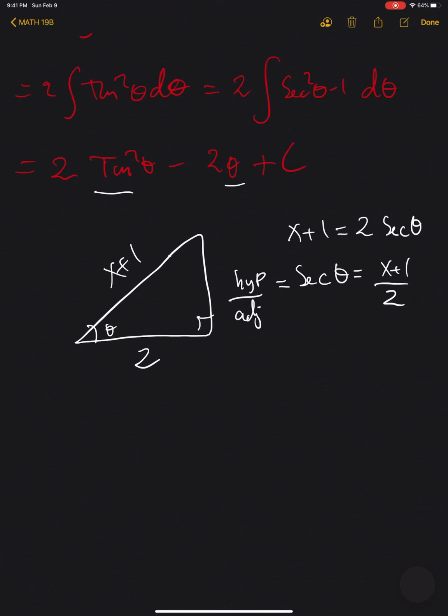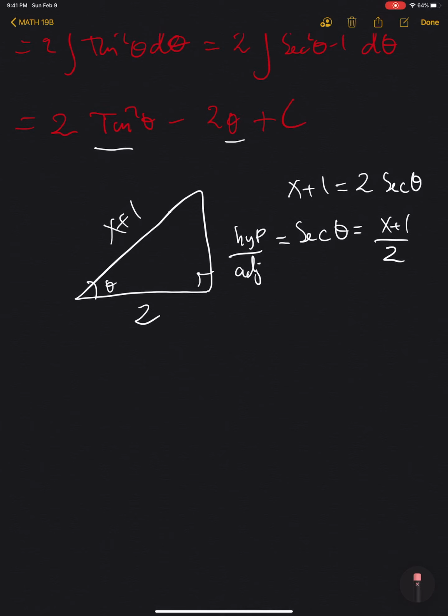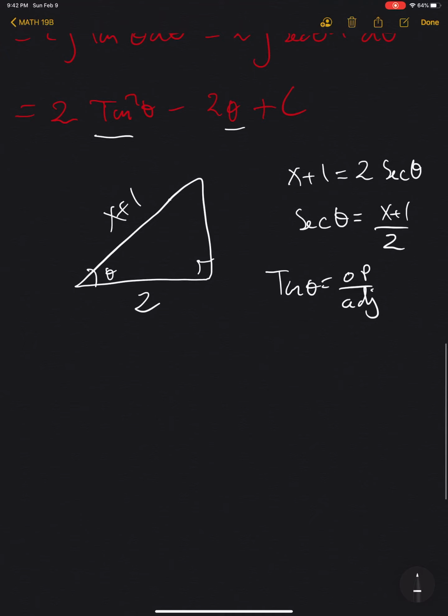So first of all, in order to find tangent, we just remember that tangent can be written in a similar way. This will be opposite divided by adjacent. So in this triangle, we can find the opposite just by using the Pythagorean theorem, which would be the square root of hypotenuse square minus the adjacent square, which in the end is a very familiar expression.